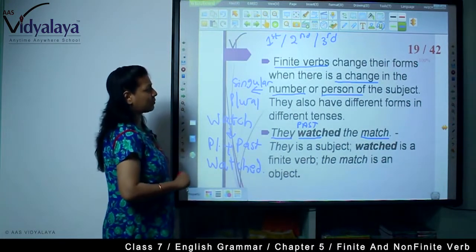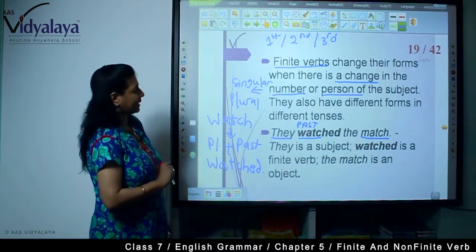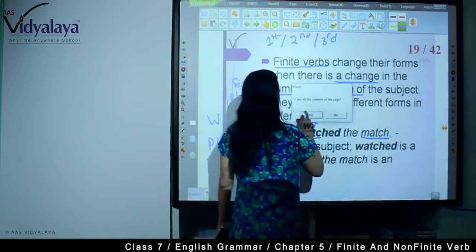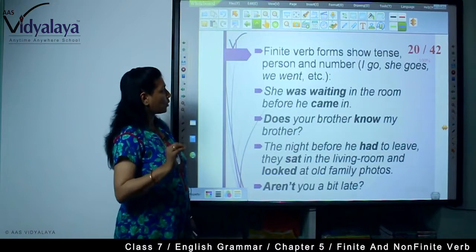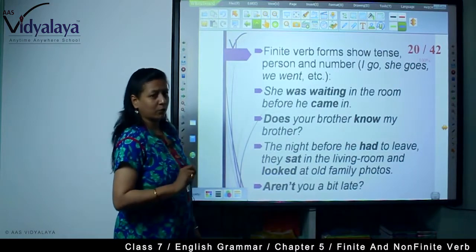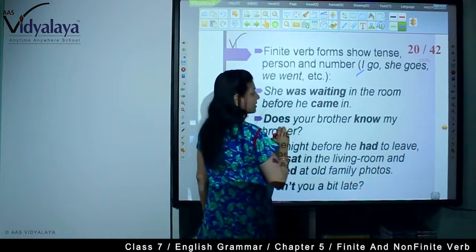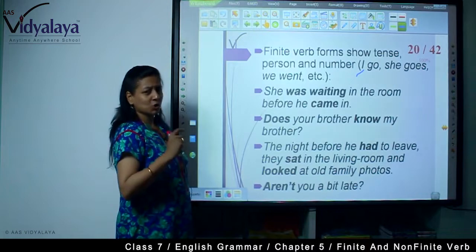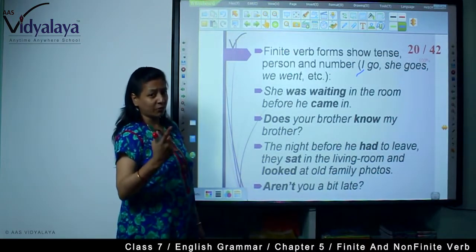So, this is a rule. Finite verbs change their forms according to the number and person, and according to the tenses. Finite verb forms show tense, person and number. For example, with first person it is "I go". With third person "she", it is "goes", and with plural "we go".